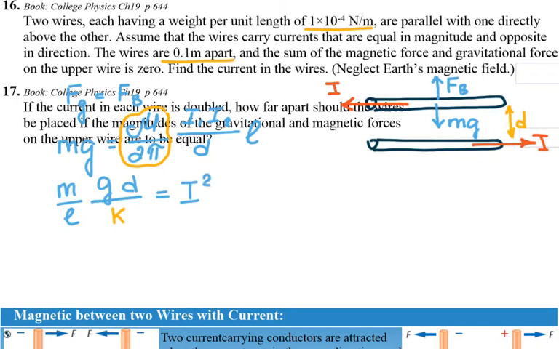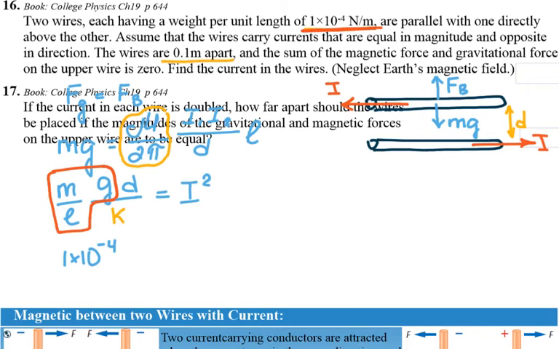And the trick in this question is that they give you weight per unit length. And so the weight per unit length is mg divided by L. So this number is given. So instead of mg divided by L, I don't have the mass and I don't have the length, but I know how much weight per length. So that is 1×10^-4.